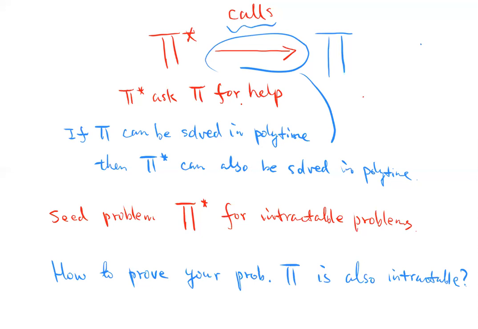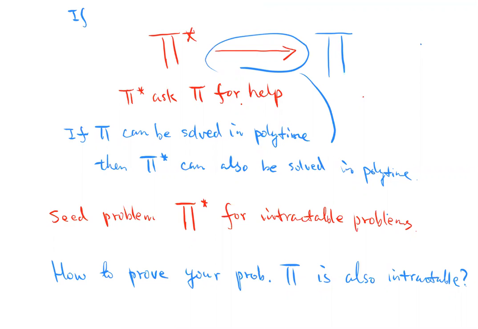So that's contrapositive: if pi can be solved in polynomial time, then pi star can also be solved in polynomial time. That is contrapositive. Otherwise, in other words, these two logical statements are equivalent.